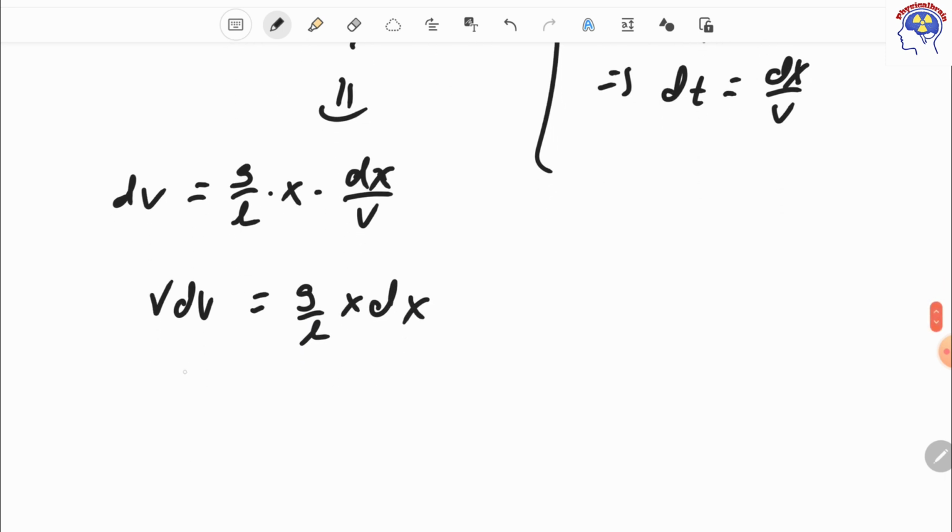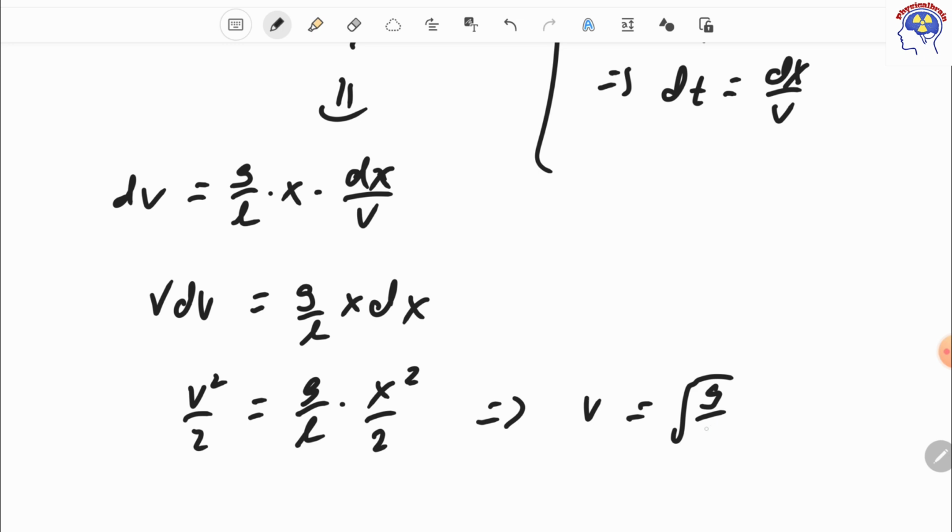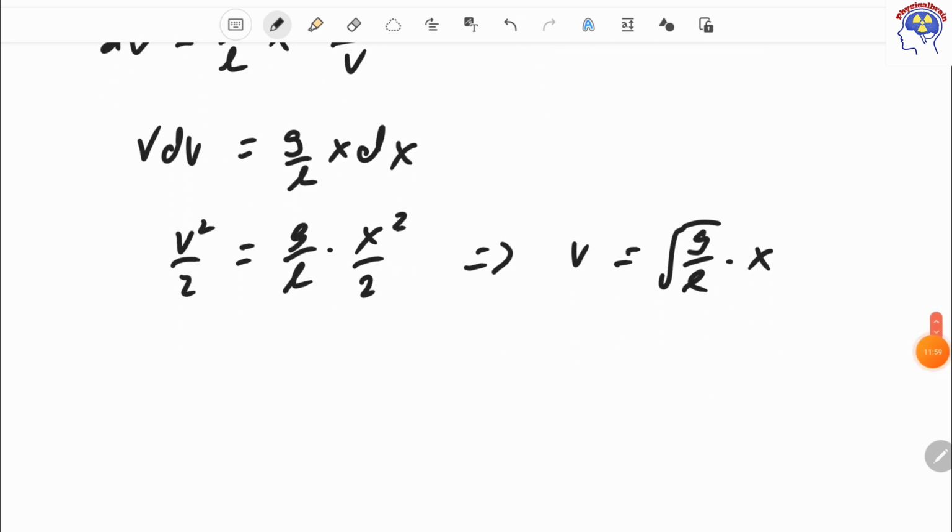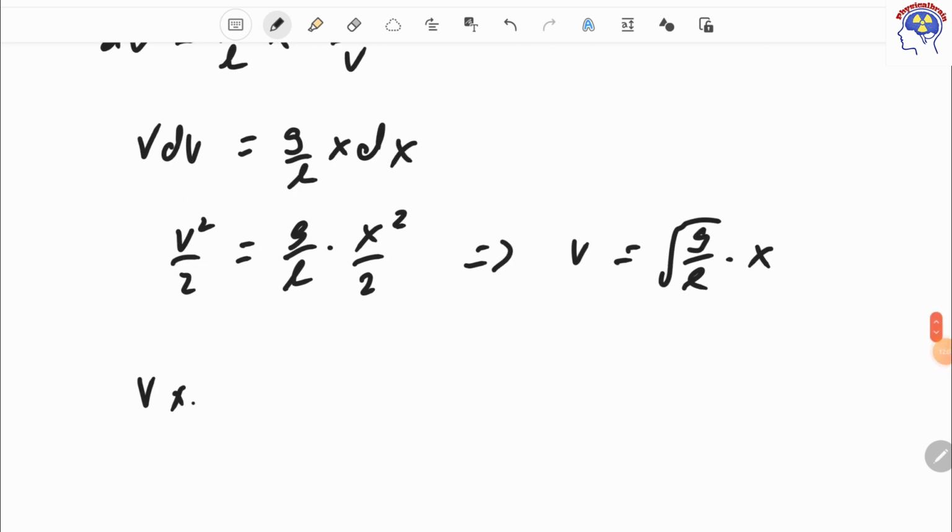So v squared over 2 equals g/L times x squared divided by 2. v equals, and of course again, v of x equals L equals root of g times L.